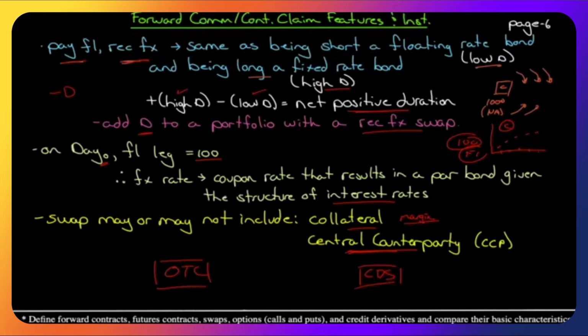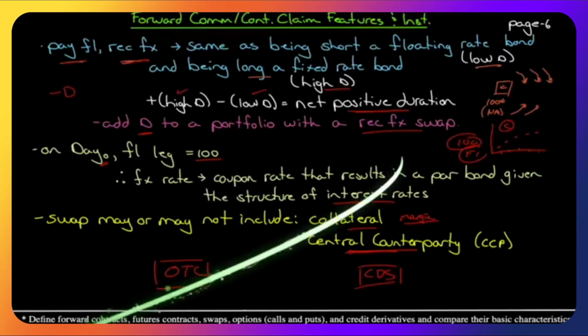How do we value these contracts between the initial date and the settlement date, if we need a value for them? And then in level 3, how do we use these contracts to alter different risk exposures or to gain different risk exposures? So we use them in a portfolio management perspective. So here at level 1, we're really just introducing you to the language and the basic mechanics of all of these derivatives.